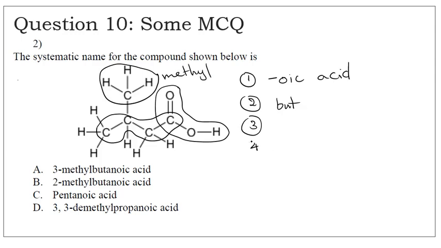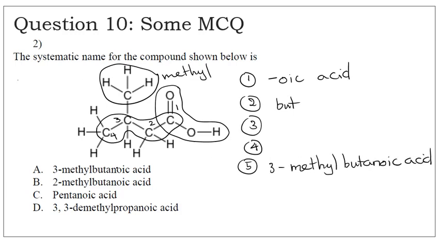And if I number my carbon chain, I have to start from the carboxylic acid. Okay, so the branch comes out of carbon 3, so I have 3-methylbutanoic acid. Part A. There you go.